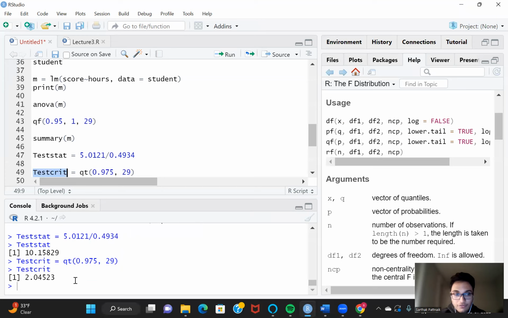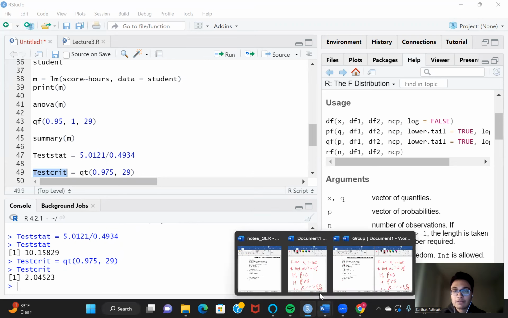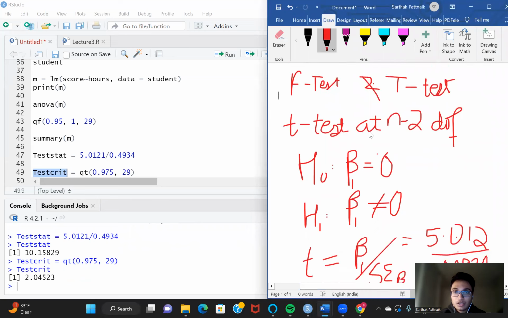This is 2.0453. So I can see that my critical t value is less than my test statistic. So we have sufficient evidence against our null hypothesis, which is the same result that we got when we did our F test.